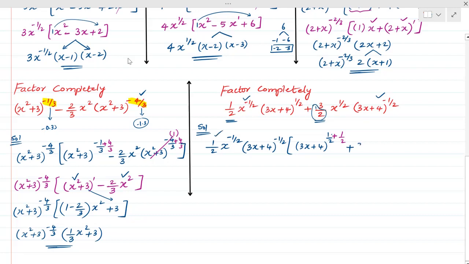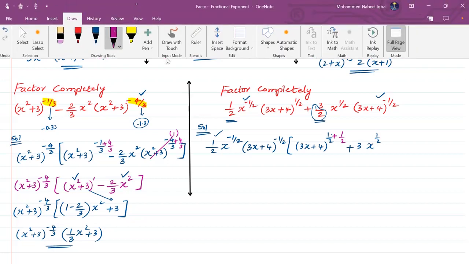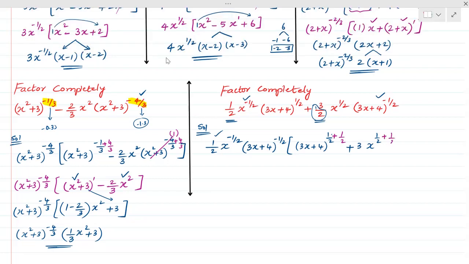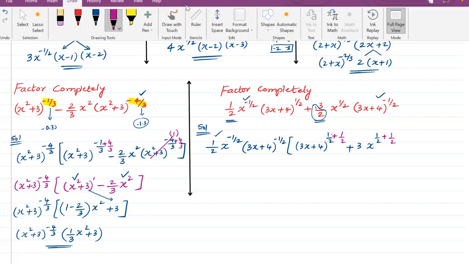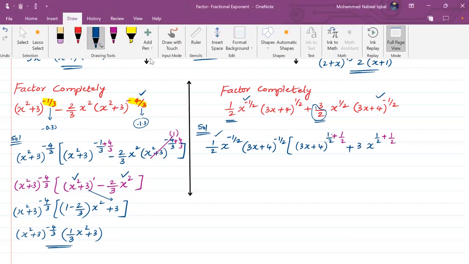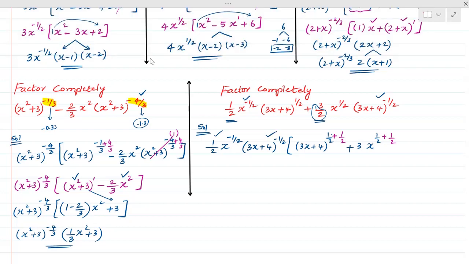So remaining will be 3 x to the power half. We have taken minus outside. Therefore, I have to add plus half. And coming to the next term, the whole thing we have taken common. 3x plus 4 to the power minus half we have taken outside. So this is the remaining term.